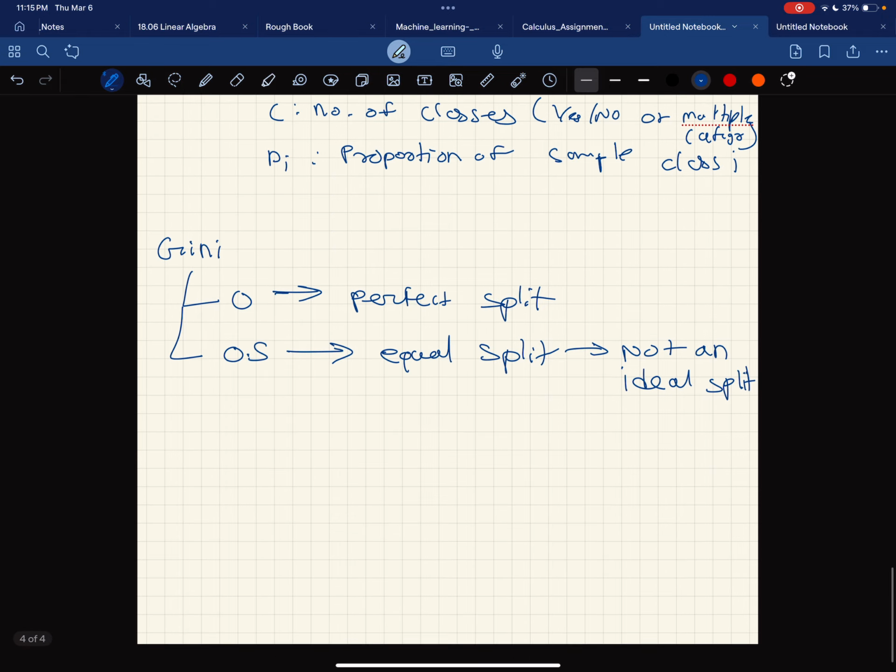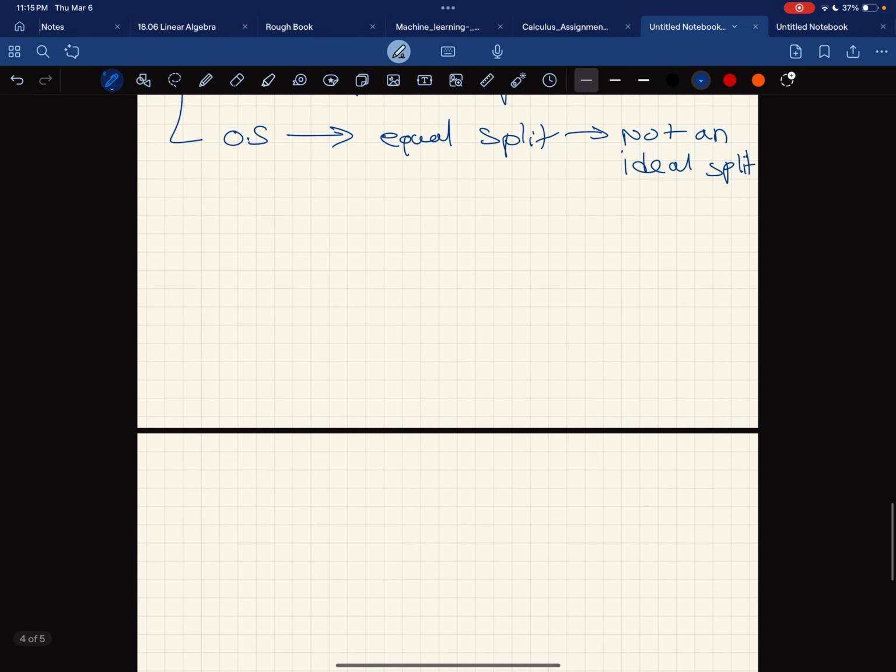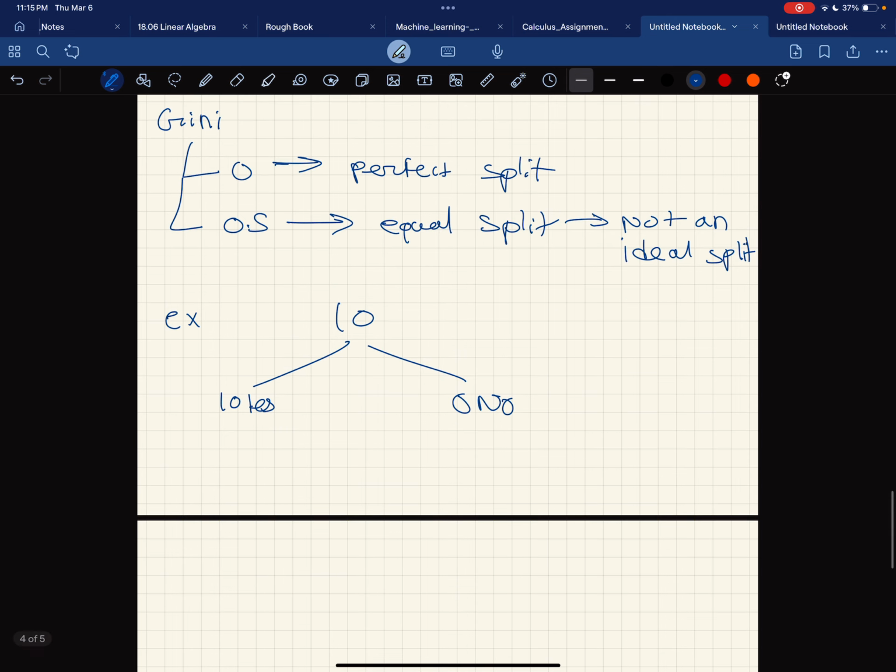Suppose let's take an example. We have a 10 sample parent data set, out of which there were 10 yes and 0 no. So the proportion of yes would be equal to 1, 10 by 10. Proportion of the no class would be equal to 0.